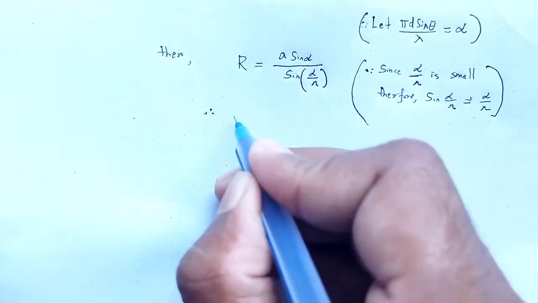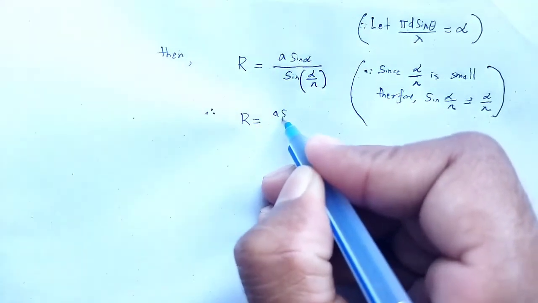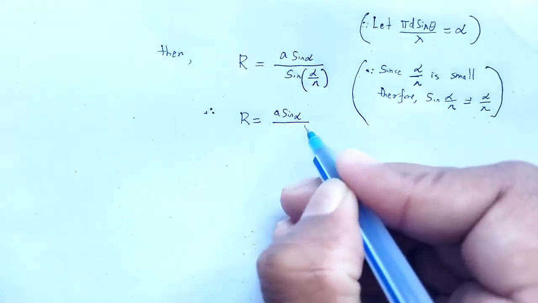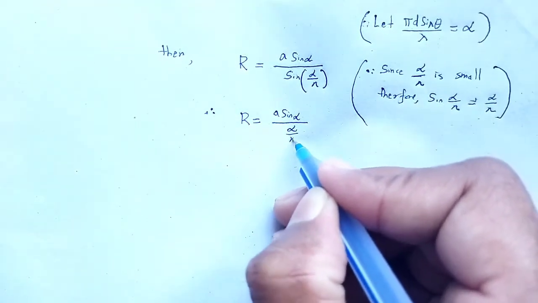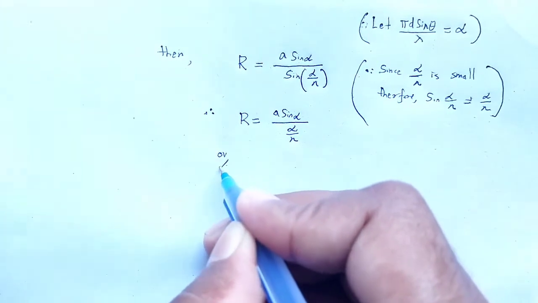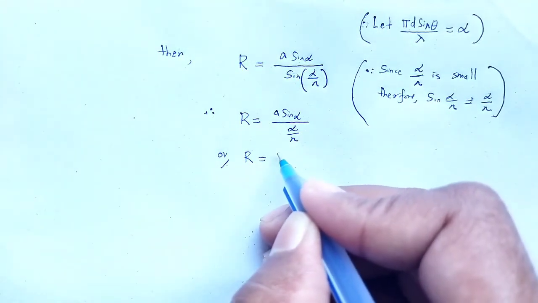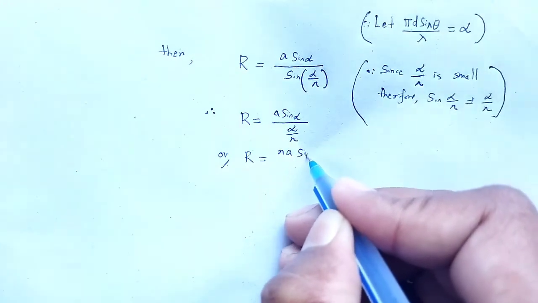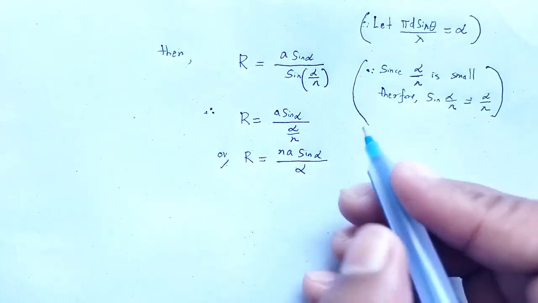Therefore R is equal to a sin alpha divided by alpha by n, or R is equal to n a sin alpha divided by alpha.